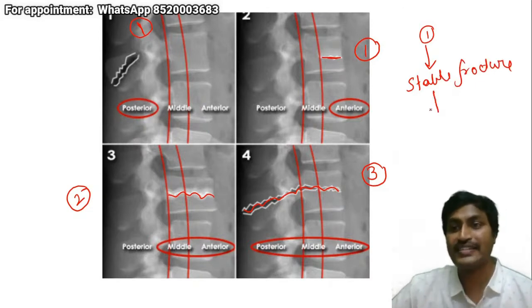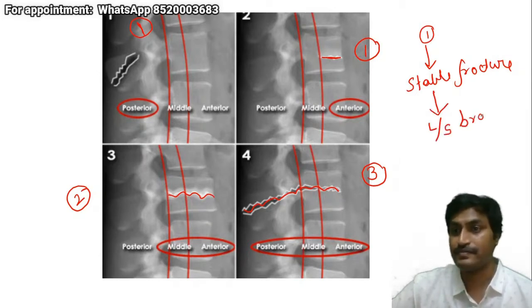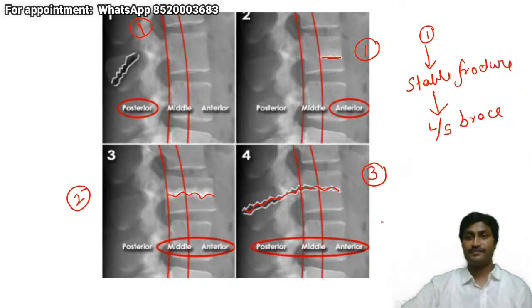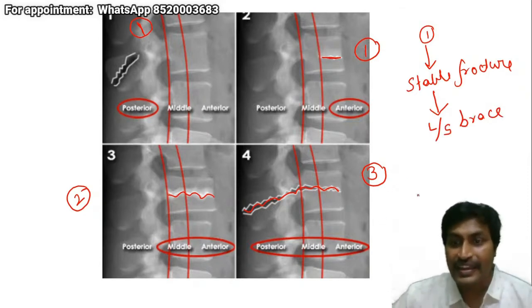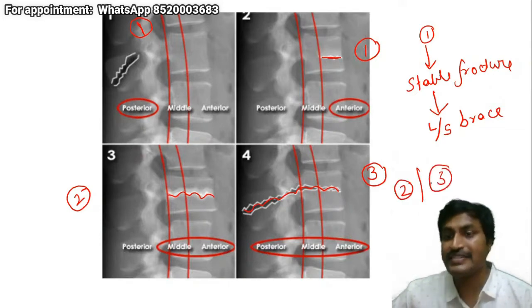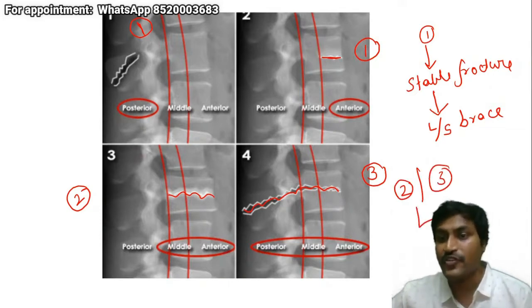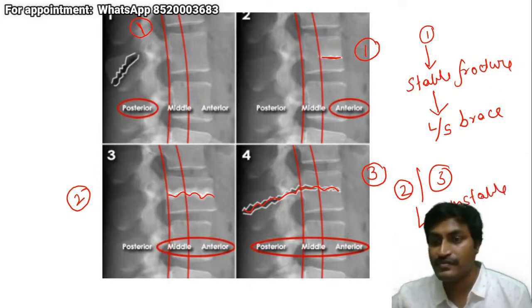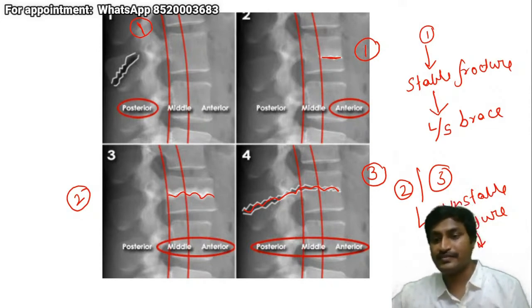This usually doesn't require surgery, and you may manage it with a lumbosacral brace. Whereas any fracture which is involving two or three columns is an unstable fracture, and you will have to go for surgery.